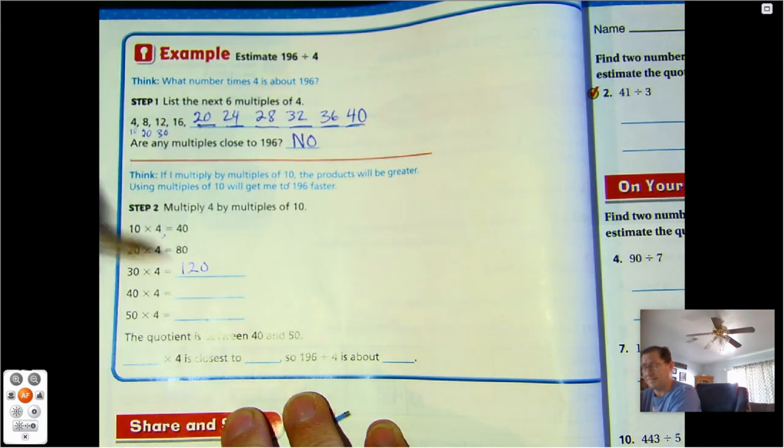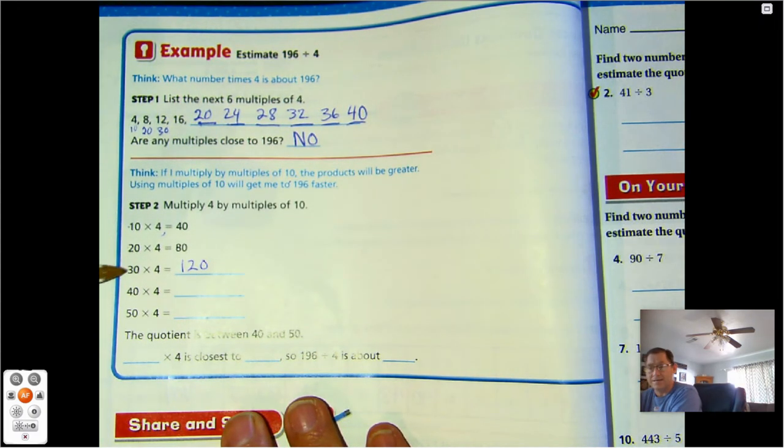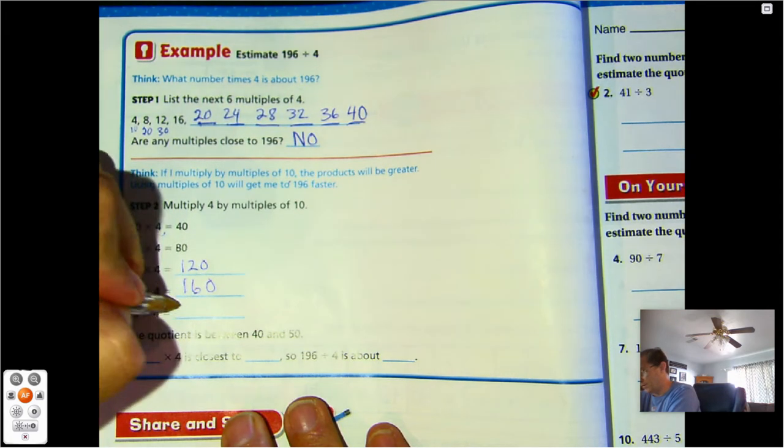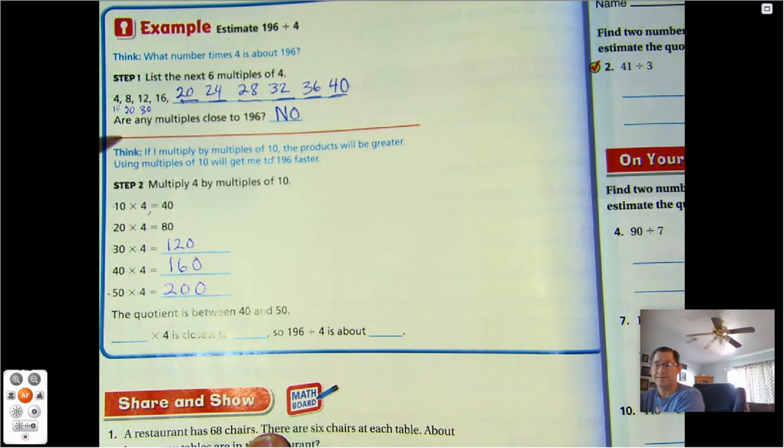And then 30 would give me 120. So you see what we're doing? We're just multiplying the counting numbers by 10. Okay, so 40 times 4 is 160. And 50 times 4 is 200. So all I did here is basically skip count by 40s instead of by 4.